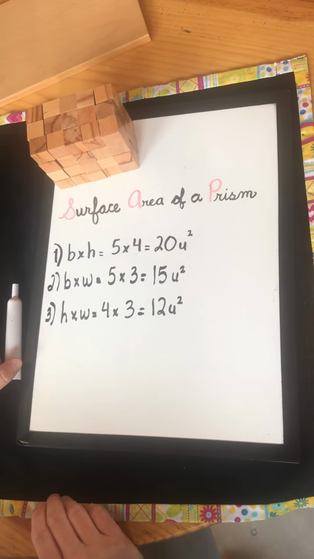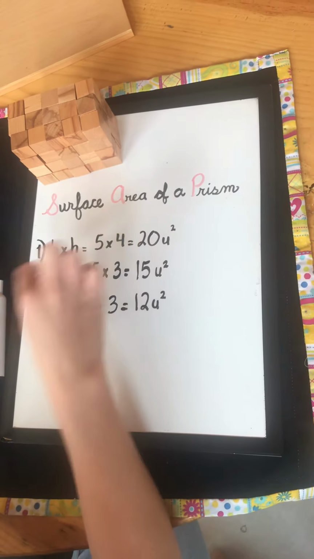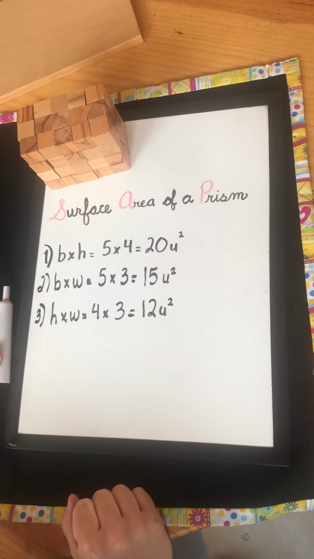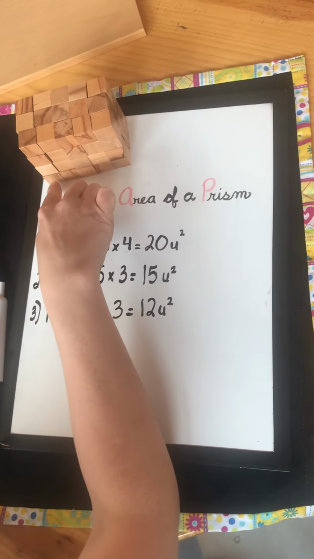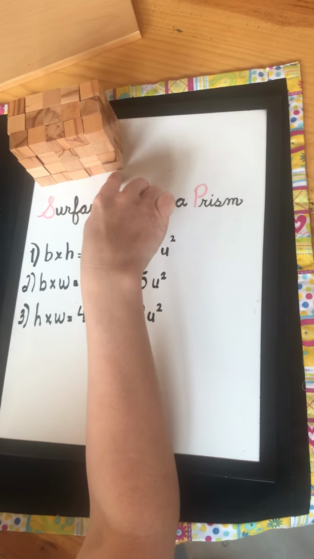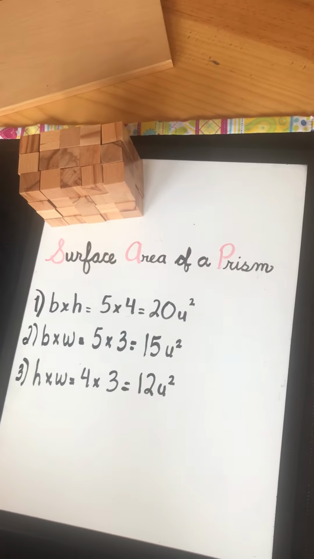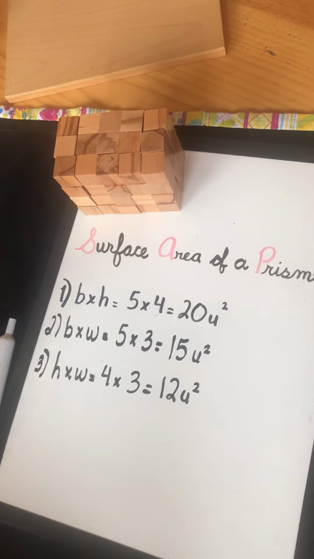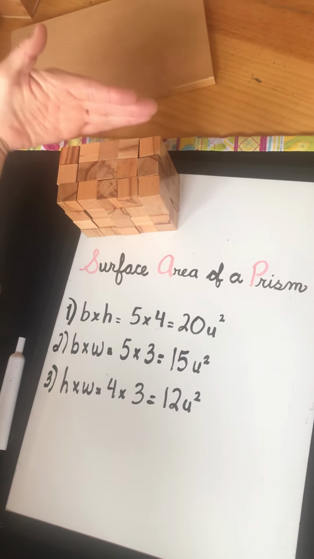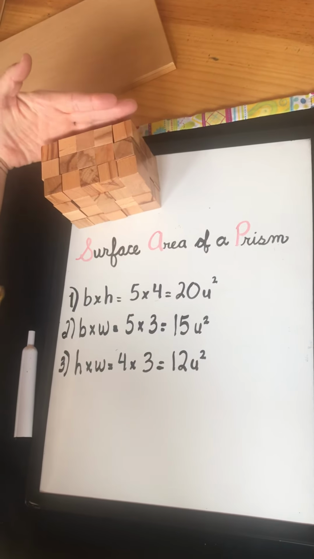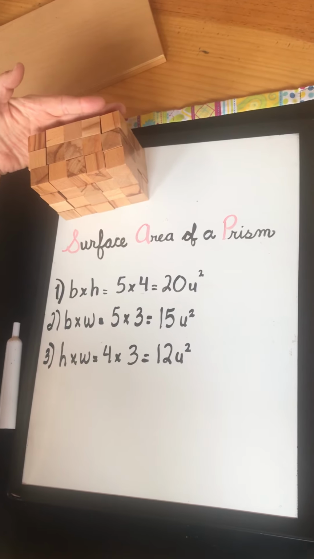What I want you guys to notice is if this first face repeats itself in another part of the prism. This is the face with the base of 5 and the height of 4. Where else on this prism do we have exactly the same face? Over here, right? The face that's on the back side of this prism has exactly the same measurements.